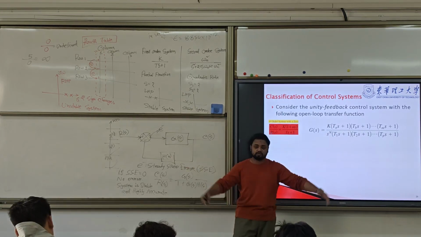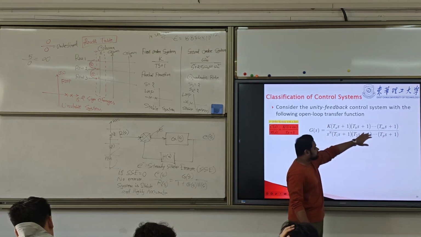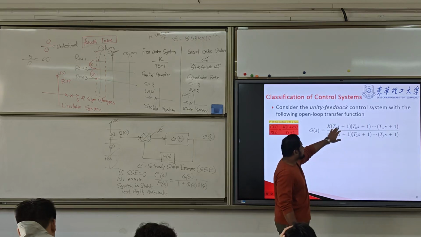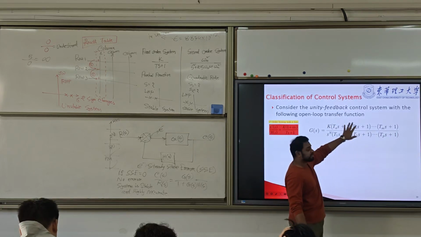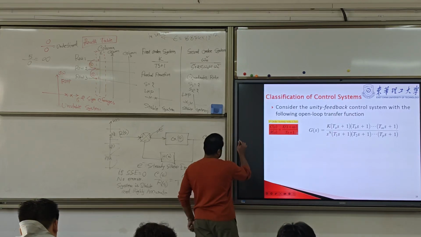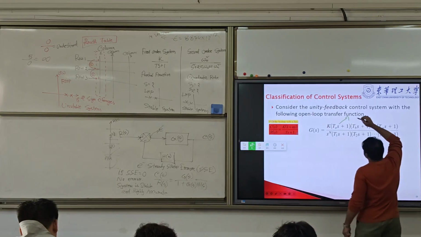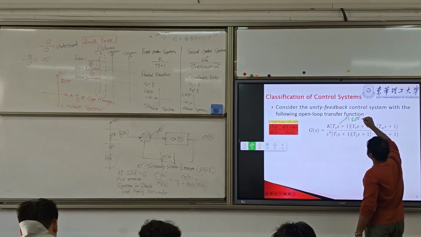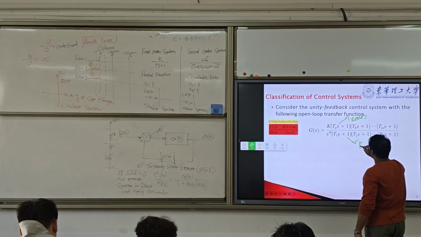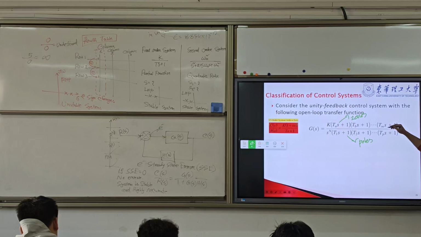If we expand the equation, we get the number of zeros M and the number of poles P. Ts plus 1, these are all zeros and these are all poles. I'm just expanding this equation.